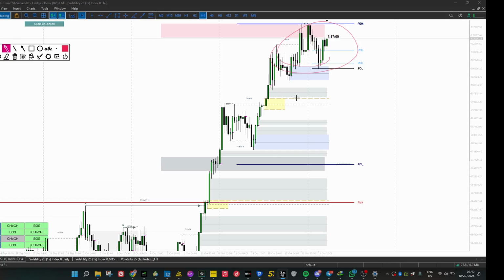So yesterday's price action, it was right around here that we opened, manipulated down, came all the way up and came right back down. Then we went back up again and came all the way back down. So the current action, I think the day started right around here. This is Sunday's price action.